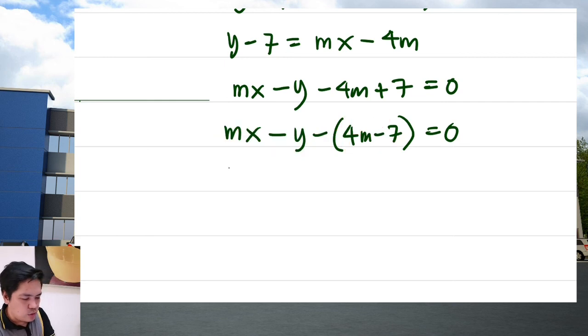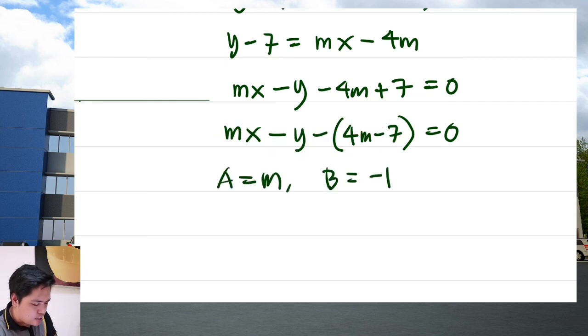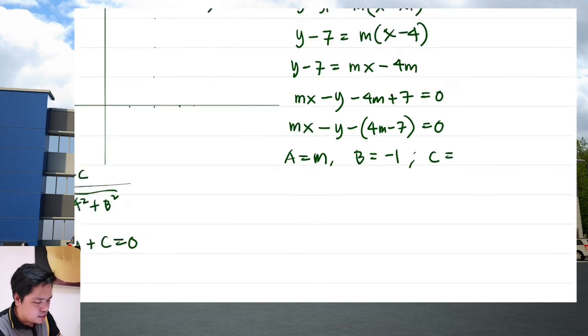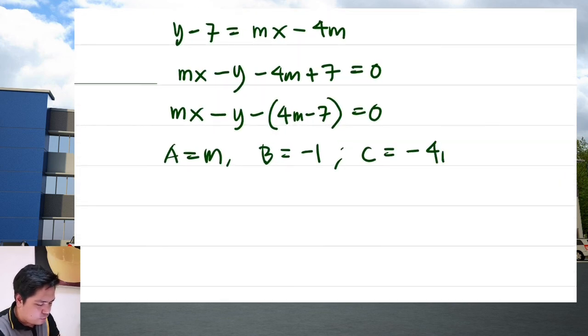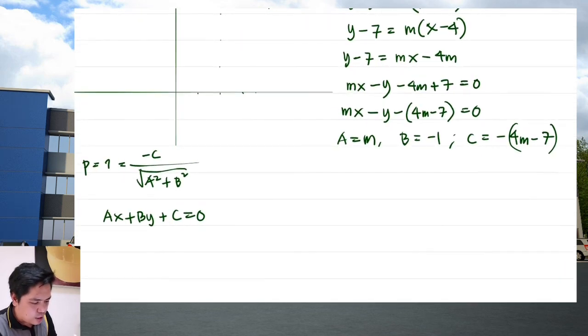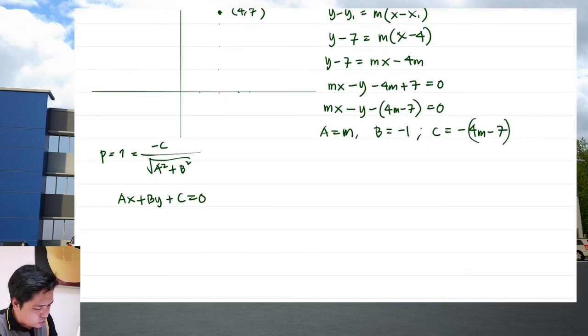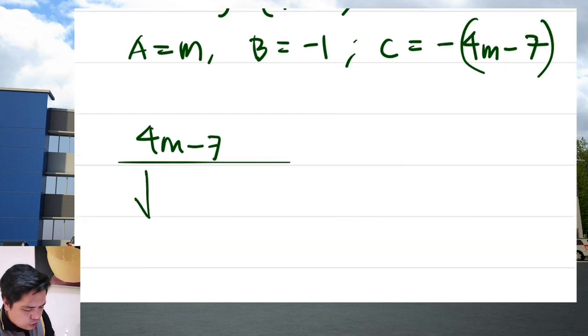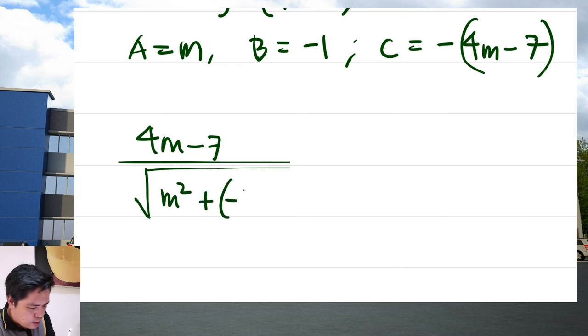Wherein our a is m, our b is negative 1, and c is negative 4m minus 7, or negative the quantity 4m minus 7. And recall again that negative c over the square root of a squared plus b squared is equal to 1. So if we equate that, we just cancel out the negative, so negative c would be 4m minus 7 divided by the square root of a squared plus b squared.